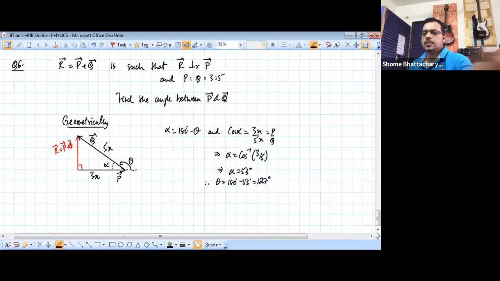Now similarly, you can also do this question by component method. Try the same question by component method.